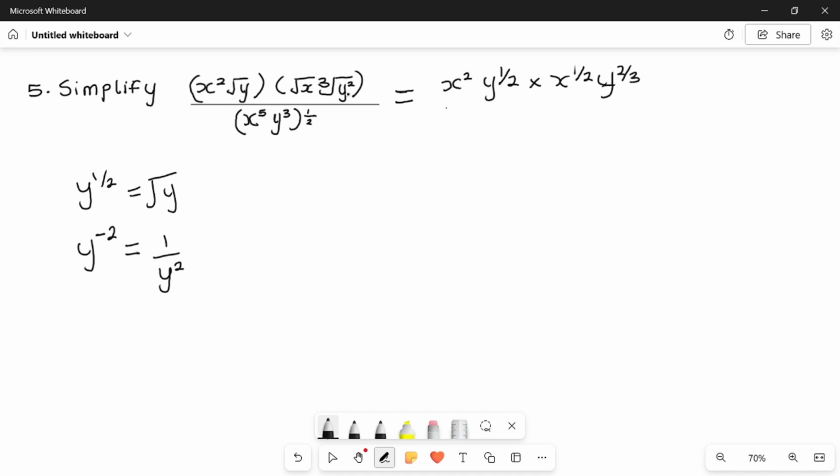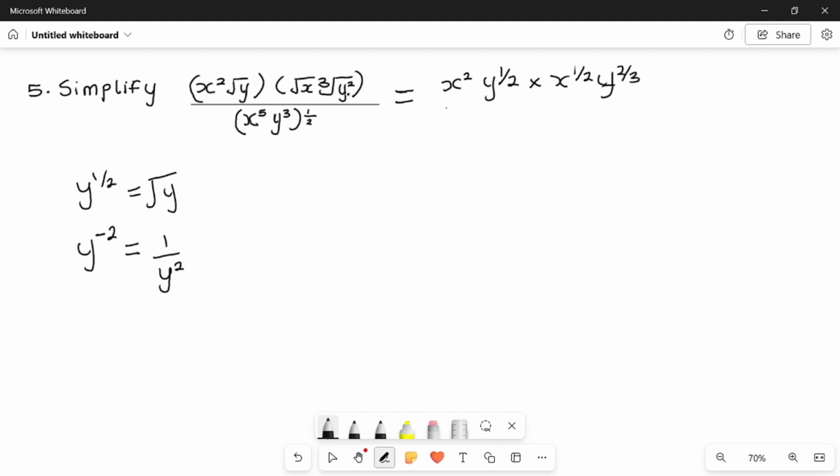Whenever you see a fractional index, you are simply taking the root of that base, and whenever you see a negative index, you are simply putting it in fraction form. This is how we got y raised to power 1 over 2 and y raised to power 2 over 3.